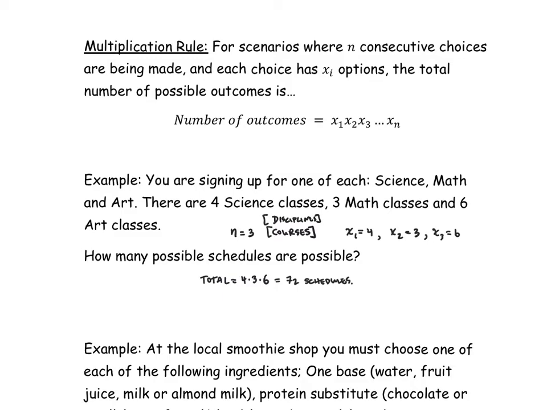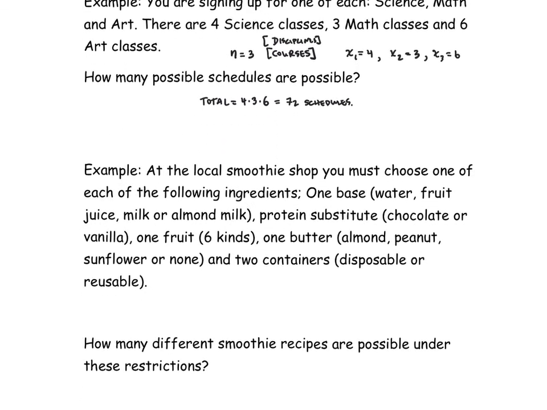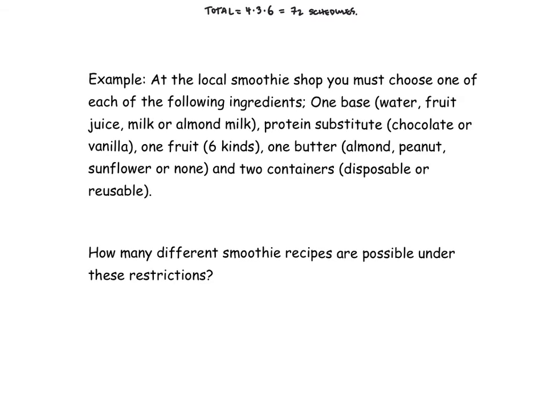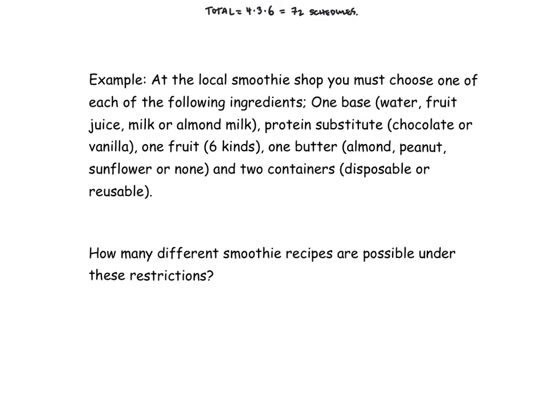You're choosing a certain number of items, and within each of those items you have a certain number of options. So example 2, at the local smoothie shop, you must choose one of each of the following ingredients: 1 base, and we'll call that base x sub 1.